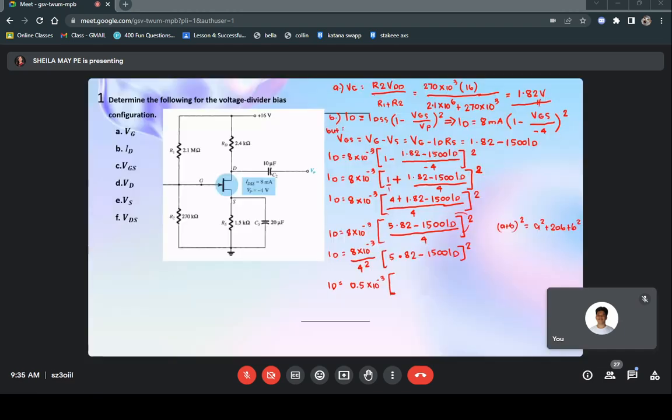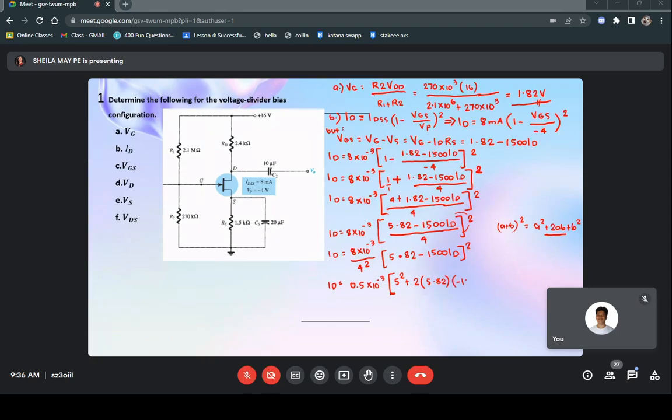Okay, so that's 5 squared plus ato sang sundon ang naa sa formula o ang iyang standard nga expanded form 5 plus b. The b here is the negative 1,500 ID. So 2 times a, what's a? Here, sundon na to class. A is 5.82.